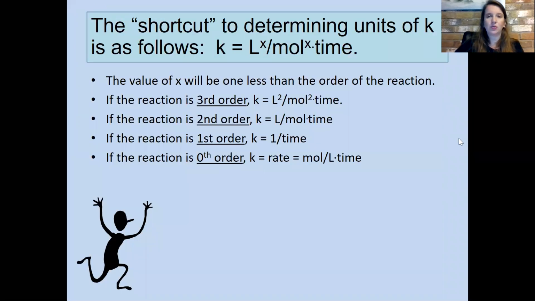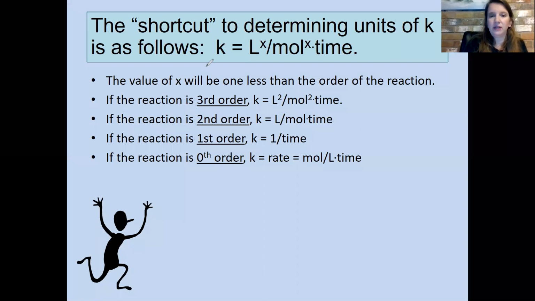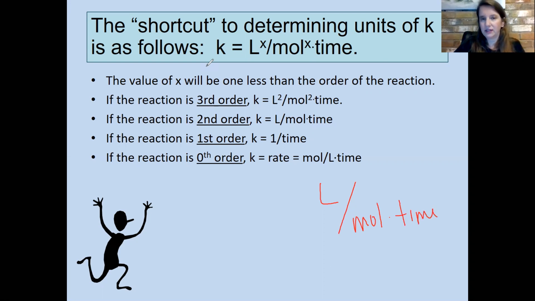So let's look at the shortcut for K units. First off, it's always going to be liters over moles times time, whatever that value of time is, depending on what your experimental data says. But there could be an exponent up here on the liters and the moles, and that exponent is going to be the same for both. It's actually going to be one less than the overall order for the reaction.